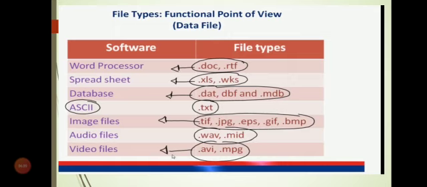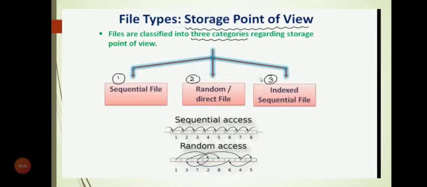Unix and MS-DOS support a minimum number of file structures. File type refers to the ability of the operating system to distinguish different types of files, such as text files, source files, and binary files. Many operating systems support many types of files. Operating systems like MS-DOS and Unix have different types of files.